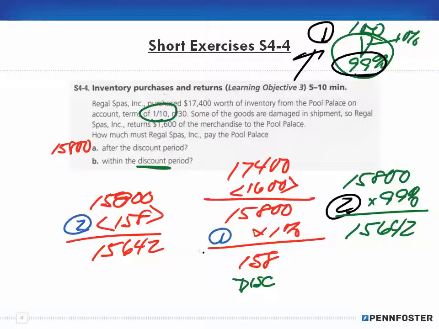Whereas coming over here and multiplying by 1% and then subtracting the discount amount, physically I have to do two different steps. Whereas over here, physically, I'm only doing one step if mentally I take the 1% away. Both ways will come up with the same answer.